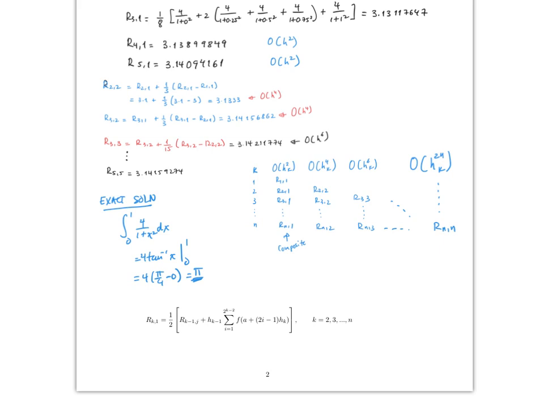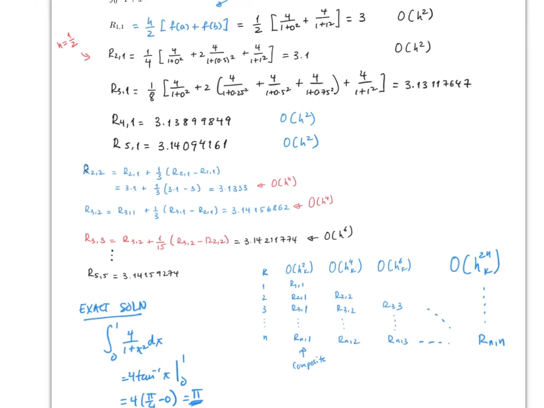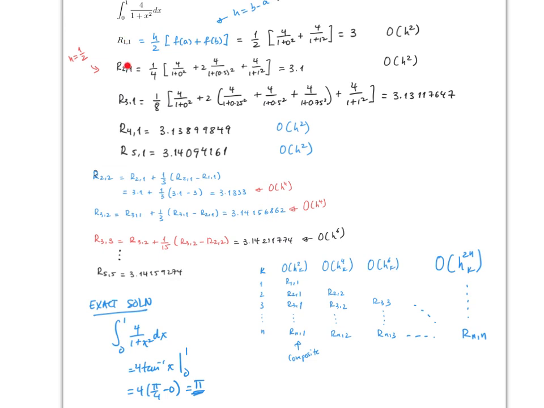Now you can also use this formula if you want to find a recursive way of figuring out the Rk1, where k is equal to 2, 3, 4 all the way to n, which is technically these values right here. Okay, so you don't want to compute it separately, you can just use this formula.